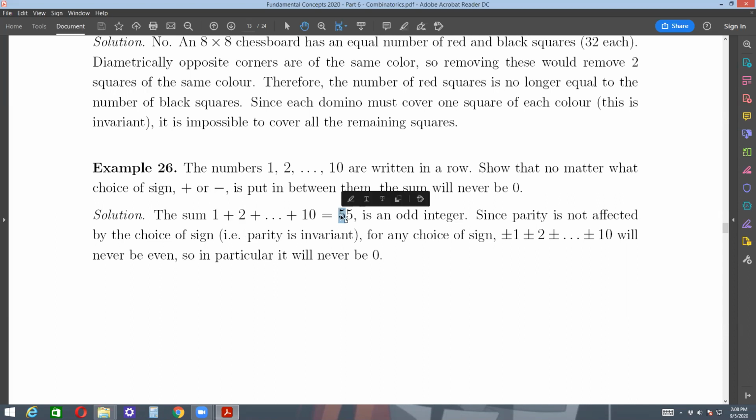And even if this plus 3 was changed to a minus, I'd be subtracting 6. Basically, you're subtracting twice the number you would have had here. So it's always subtracting an even number when you include a minus sign, meaning you don't change the parity. It is invariant. Since the initial number 55 is odd, you could never get an even number, so you could never get 0.